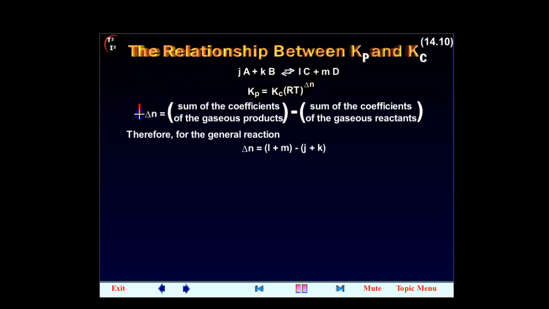How to get your delta N, the change of N. It's just like product minus reactant. We do product over reactant for the expression, but in this case, you take the sum of the coefficients of the gaseous products, of course L and M, minus the sum of the coefficients of the gaseous reactants, so that means minus J plus K. You add the coefficients together and then you subtract. That will give you your delta N.